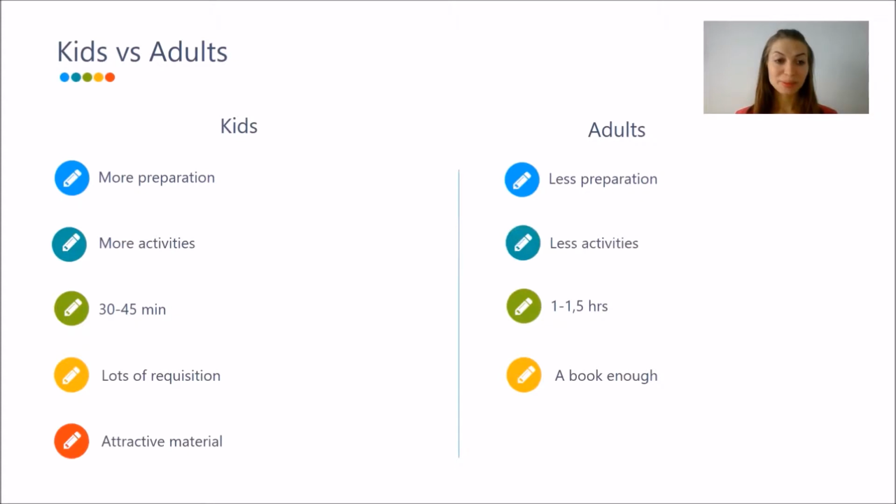Okay, more preparation because you will need attractive material. Kids are more visual than adults, but anyway, people are usually visual, and kids especially. So while preparing your requisite, it's better to keep in mind that it should be colorful, and it should be interesting for them to touch, for example.